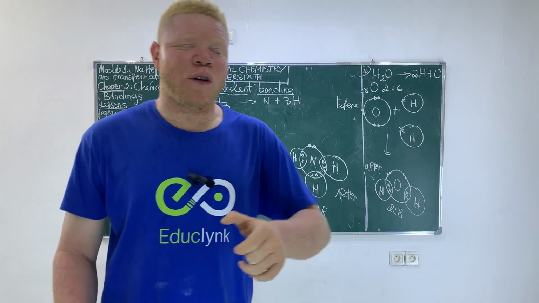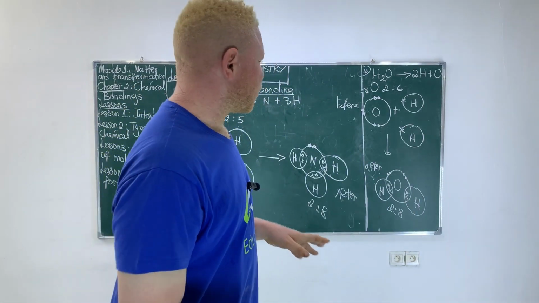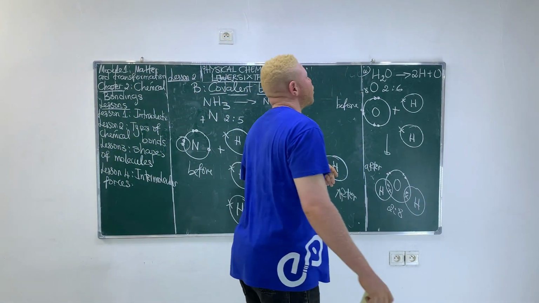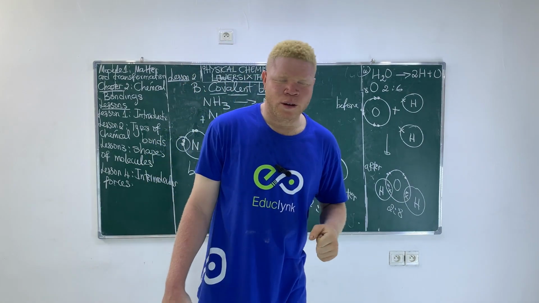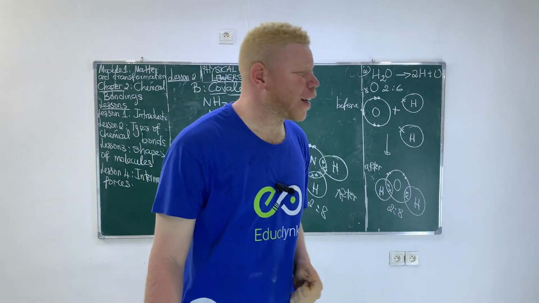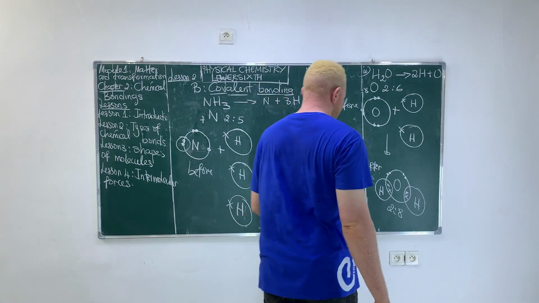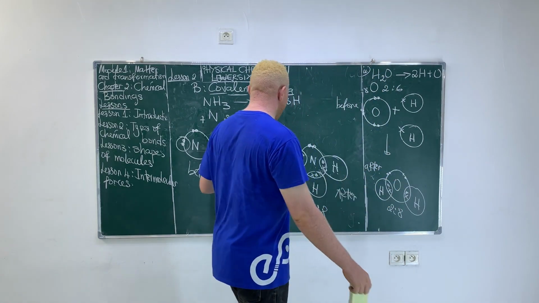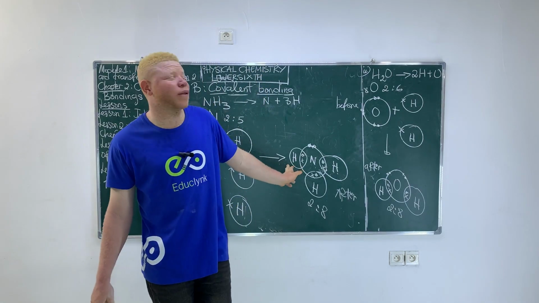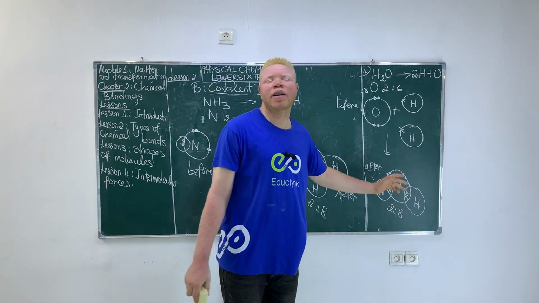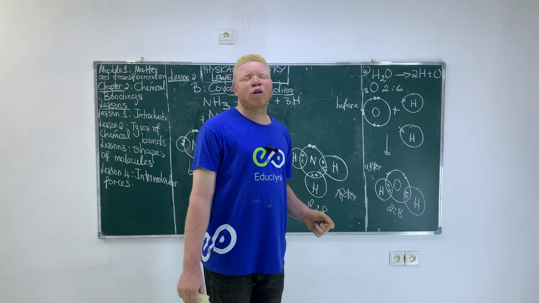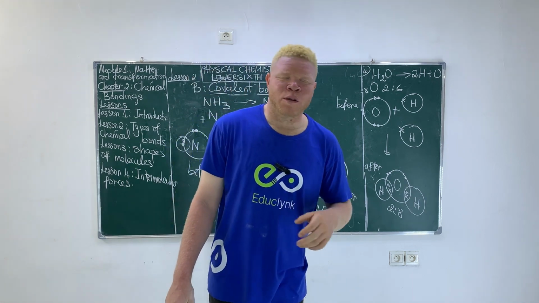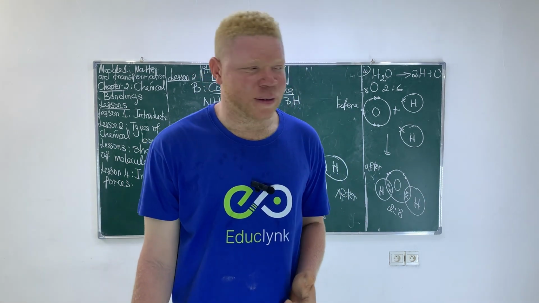That's why we are first of all doing this dot and cross diagram, so that after we are going to see the shapes of molecules. Because the shape of a molecule will depend on the number of bonded pairs and lone pairs of electrons. The shape of ammonia, I doubt it's going to be the same as that of water. It's impossible, because they don't have the same number of bonded pairs and lone pairs.